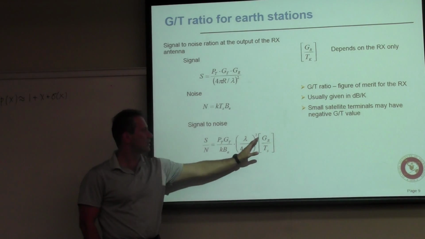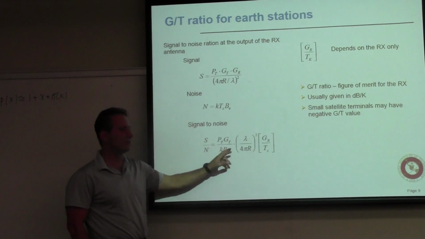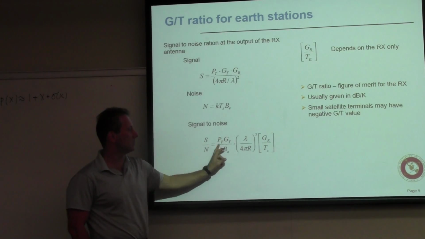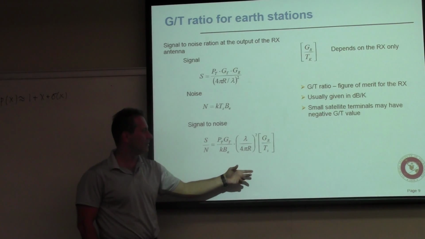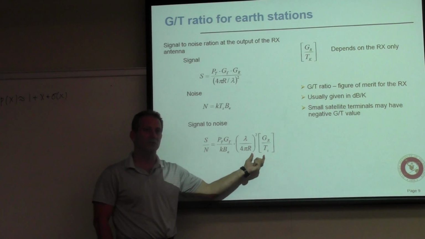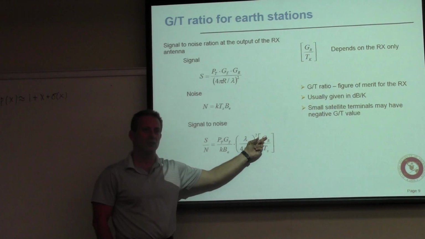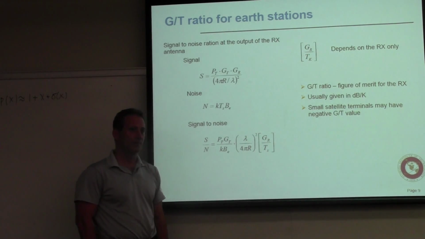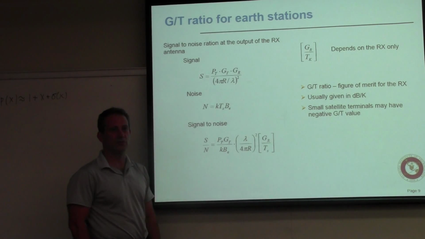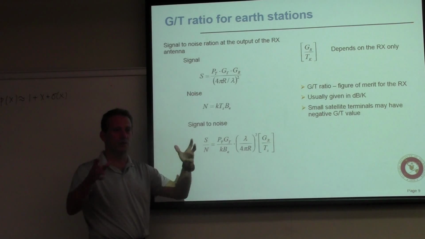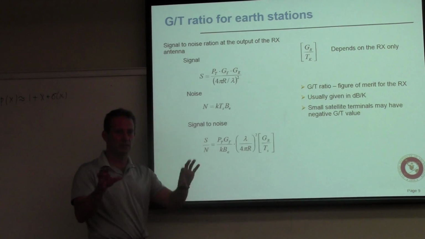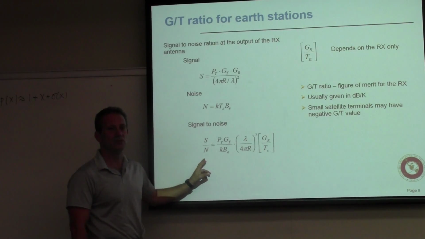None of this characterizes the receiver, right? The first characterizes the transmitter, then the waveform, then the distance between, and the only figure of merit that depends entirely on the receiver is the gain of your antenna divided by the equivalent noise temperature of the system. It teaches you that you have two knobs to control the signal to noise ratio.